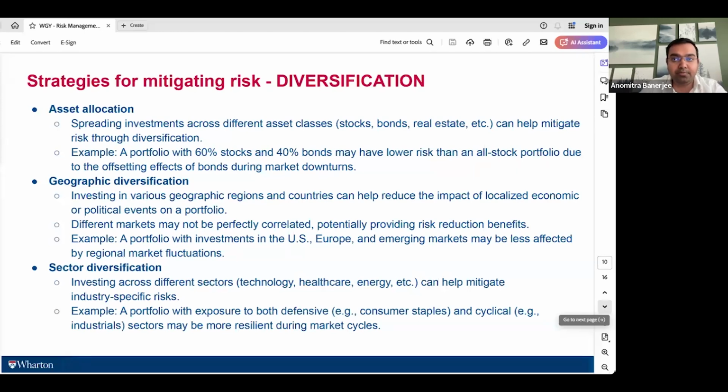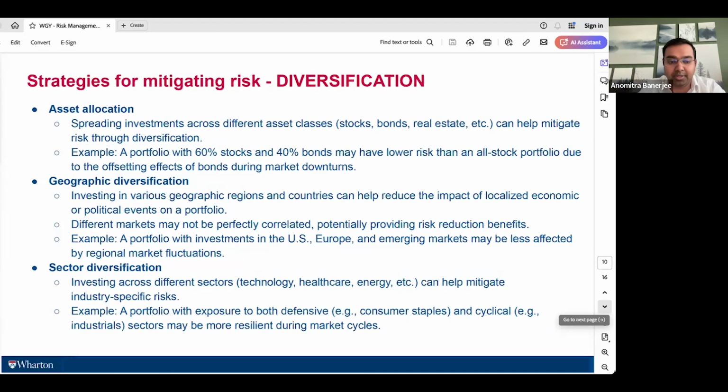The third would be sector diversification. Investing across different sectors can help you mitigate industry-specific risks. Think about it: a portfolio with defensive stocks like consumer staples, and also cyclical stocks like industrials, would be much better during market cycles, because like anything else, markets also go through cycles.